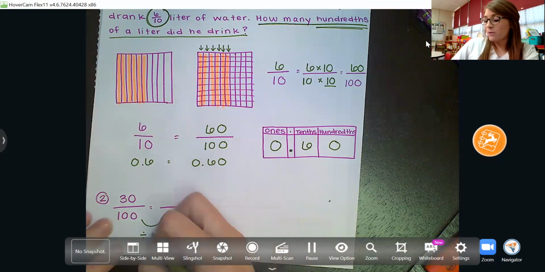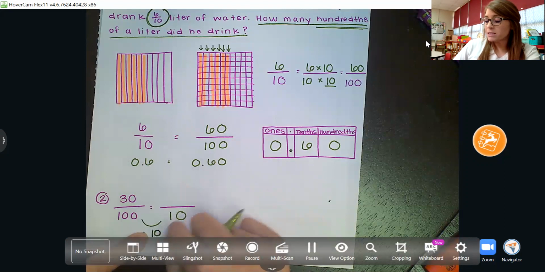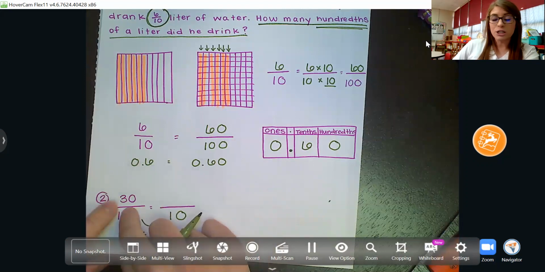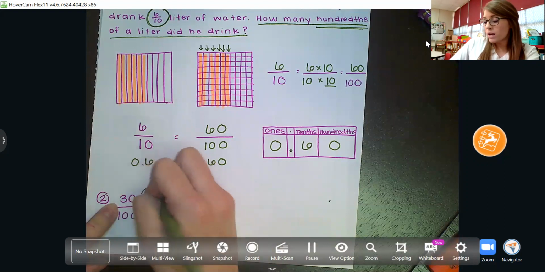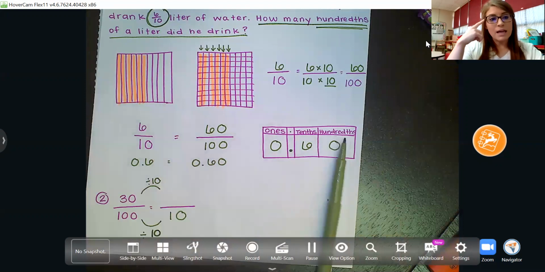Very good. Remember, powers of 10. 10 is correct. 100 divided by 10 is 10. So whatever I do to my denominator, I must also do to my numerator in order to make them equivalent. So when I look at 30 divided by 10, I can think to myself, okay, I don't really know 30 divided by 10 when I say it that way, but what if I said 10 times what gives you 30?